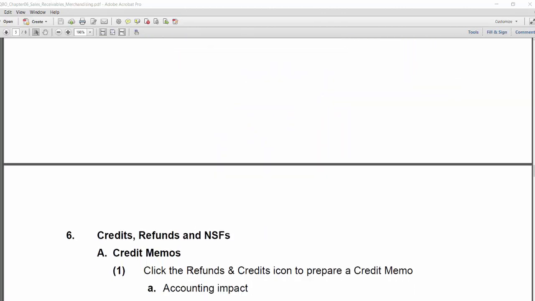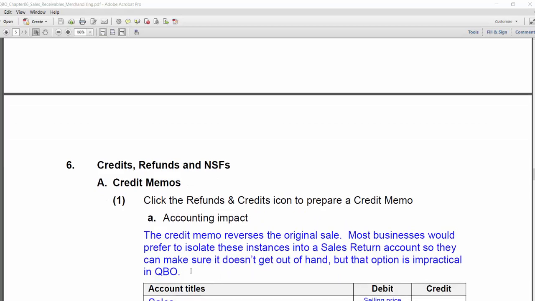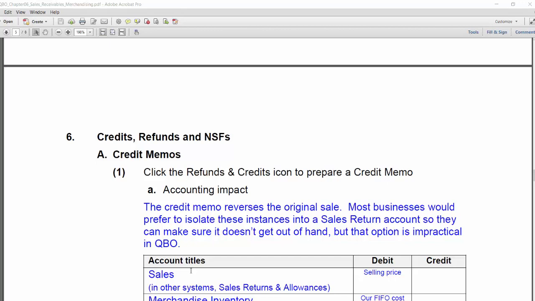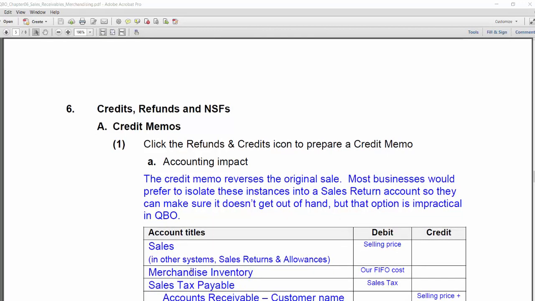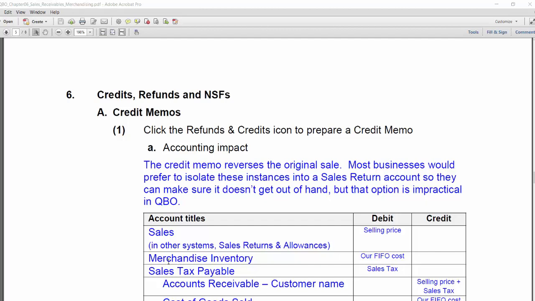When we give credits or refunds, or receive NSF checks from our customers, those are three special situations. A credit memo is when we generate a document for the customer that tells them that they're able to reduce the amount they owe us. The best way to do that is to have a sales, returns, and allowance account, but QuickBooks does not use that.